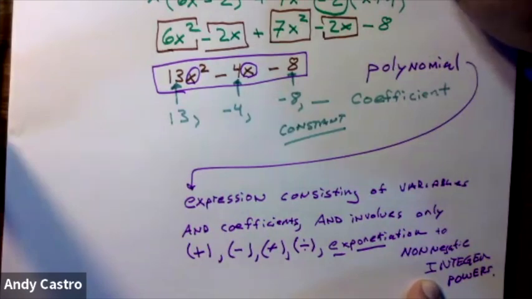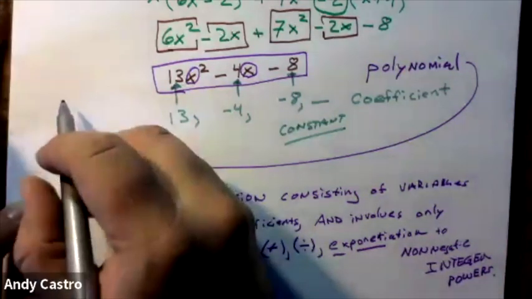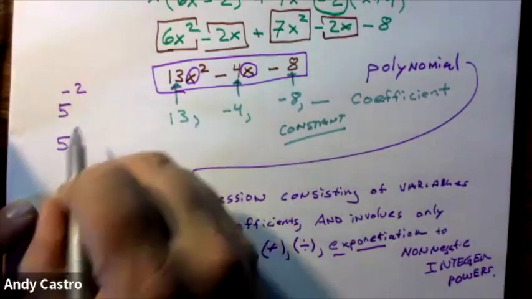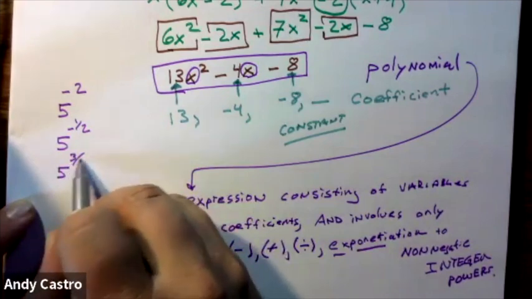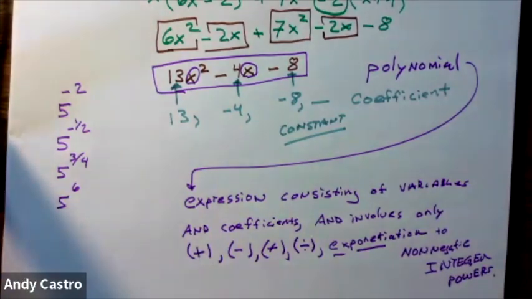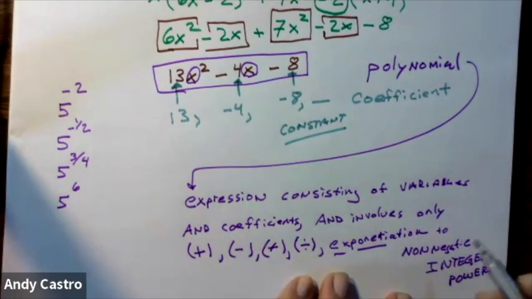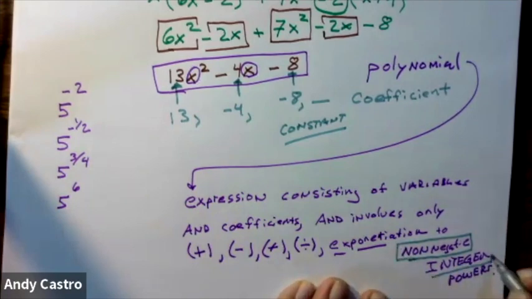So what does it mean to have a non-negative integer power? All right, so if I had 5 to the negative 2, 5 to the negative 1/2, 5 to the 3/4, 5 to the 6th, okay? These are all exponents, but only one of them is non-negative and an integer.